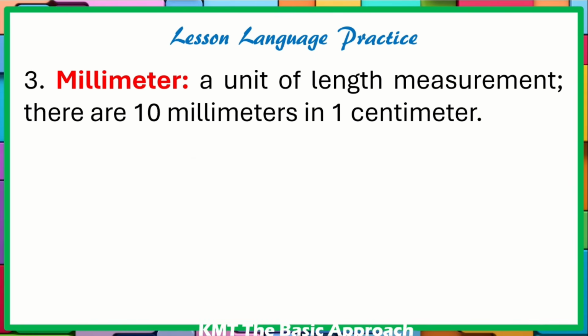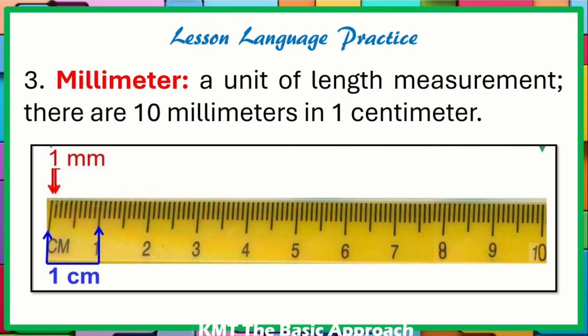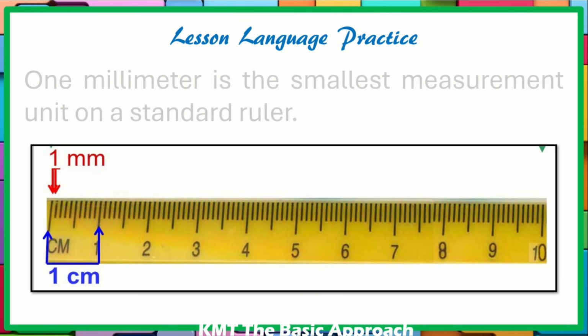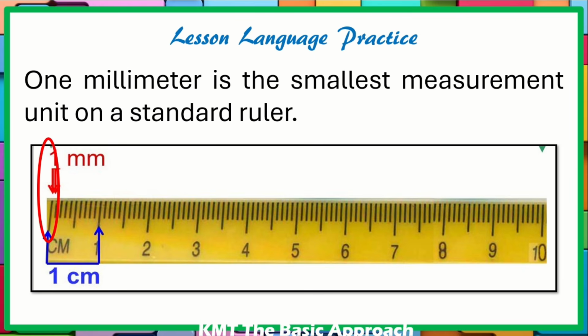Number 3, millimeter. A unit of length measurement. There are 10 millimeters in 1 centimeter. Take note that 1 millimeter is the smallest measurement unit on a standard ruler.